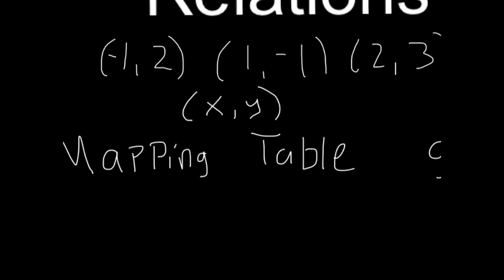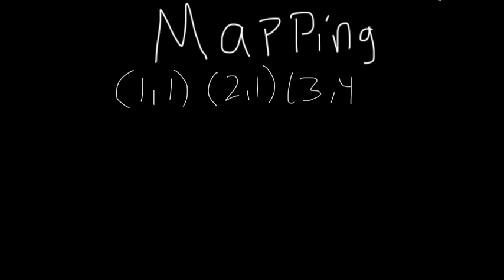Let's go ahead and take a little bit of closer look at mapping here. Let's say we had these ordered pairs (1, 1), (2, 1), (3, 4), and (4, 2).